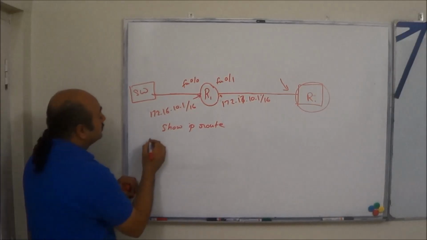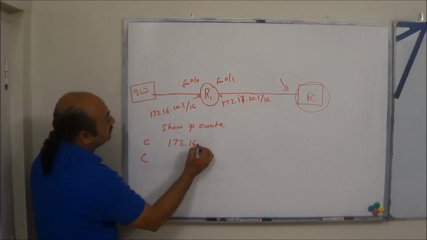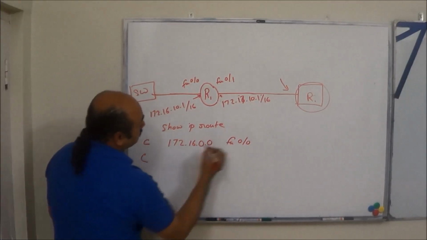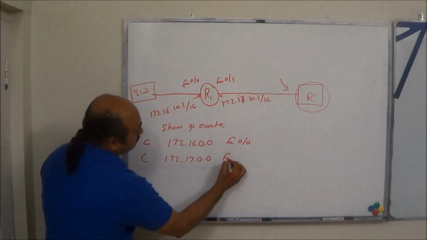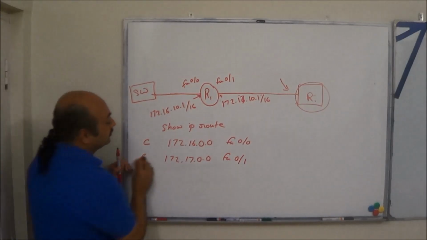It will say connected, 172.16.0.0/16. We are clear about this?